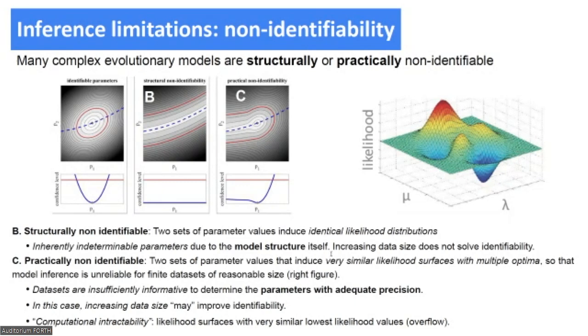In this second type, increasing the data may improve identifiability, and it's also related to computational intractability, when the likelihood surfaces are flat or have multiple optima, are difficult to differentiate, and hamper the parameter estimation.